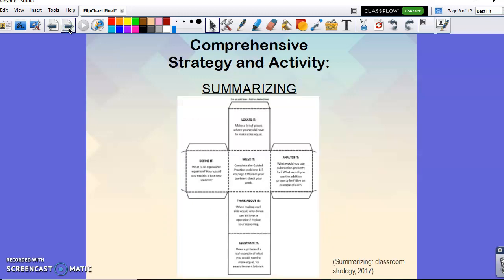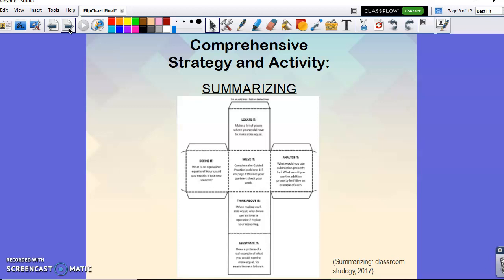Looking at the comprehension strategy and activity, I chose summarizing as my main strategy, and it is so important in math class because it keeps the information fresh in the students' heads. And with this cubing activity, it has a wide variety of questions that the students are able to solve for after learning this lesson.